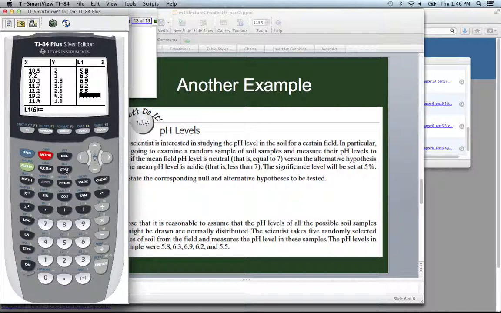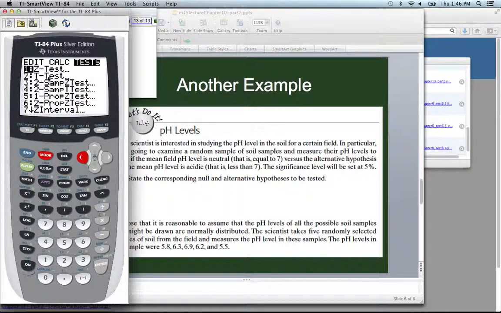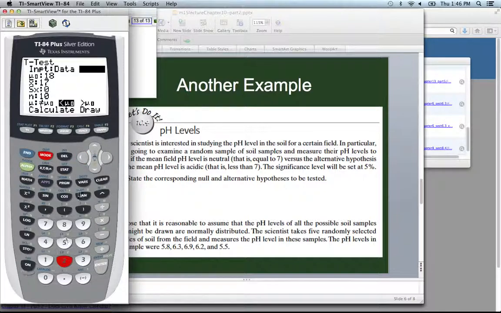Now, when we go under the Stat menu and over to Test, notice choice number 2 here is T-Test. So I'm going to choose number 2. Just like the Z-Test, there's an option to enter stats, and there's also an option to use data. So I'm going to switch over to data. That allows me to just enter a list instead of entering the sample mean, standard deviation, and so forth.